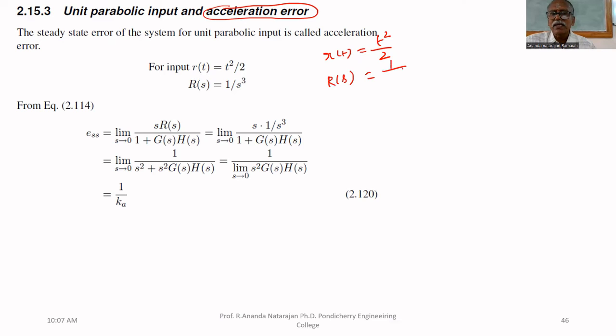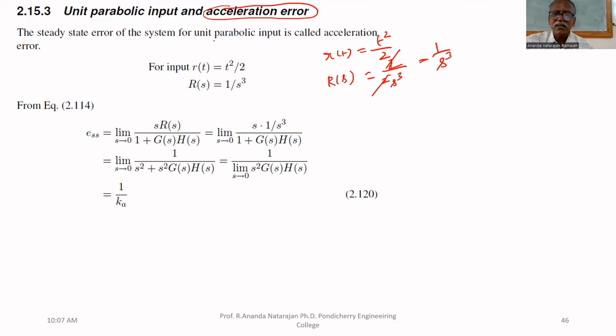You will get 1 by s cube, the 2 getting cancelled. In the time domain we take R of t equals t square upon 2, and R of s is 1 by s cube.